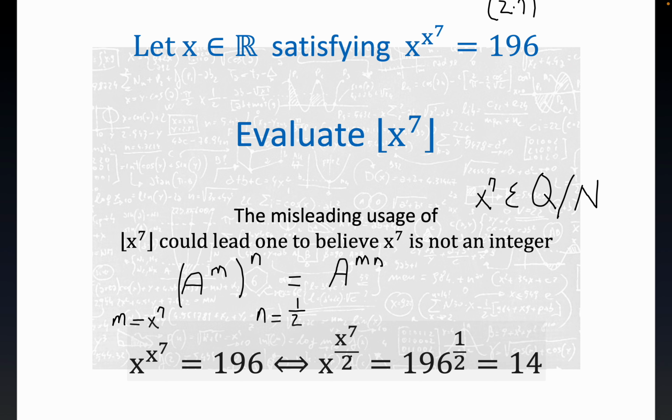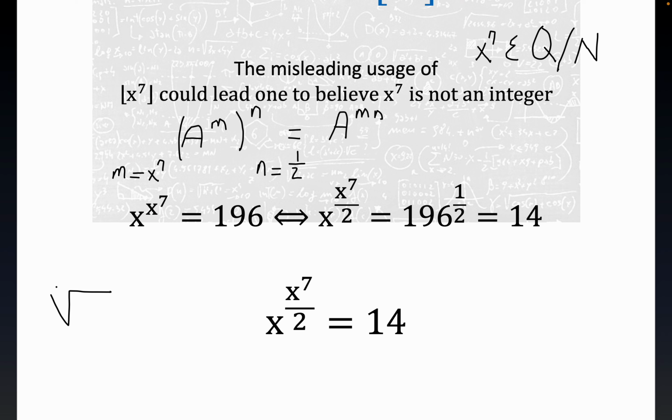Now, of course, the square root of 196 is 14. So one thing that's super helpful in solving this problem is to note, and I'll write it in radical notation too, just for variety, that the 7th root of 14, raised to the 7th power, is just equal to 14.